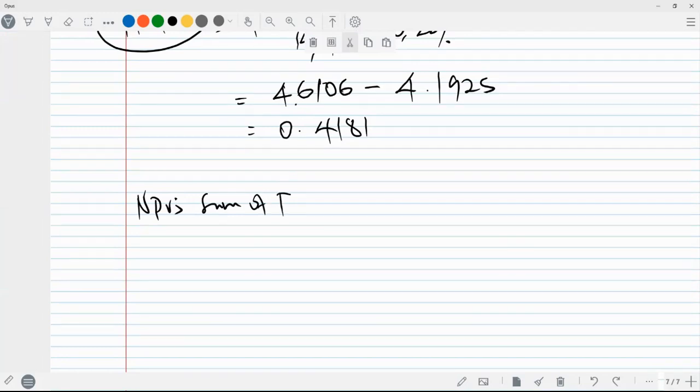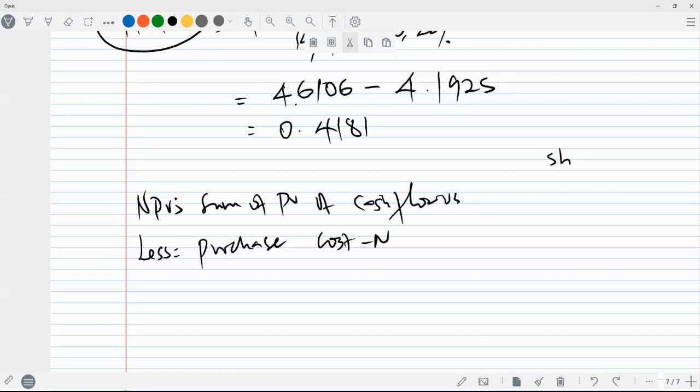Once you have that, you get a sum, NPV, sum of present value of cash flows you're going to obtain above, less the initial purchase cost. Purchase cost of the new machine, which we got 120 million.